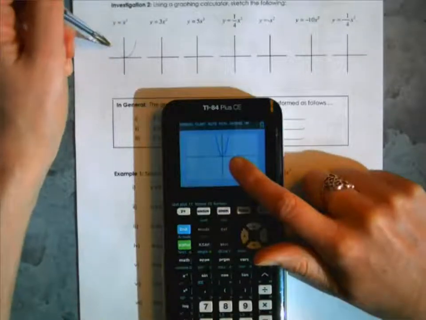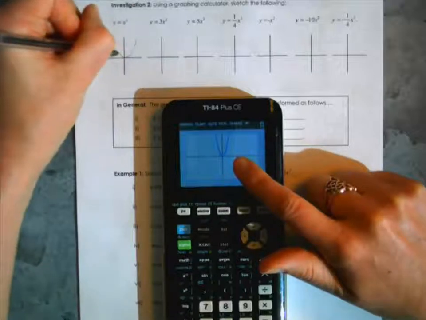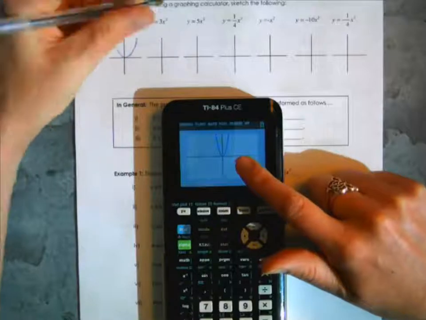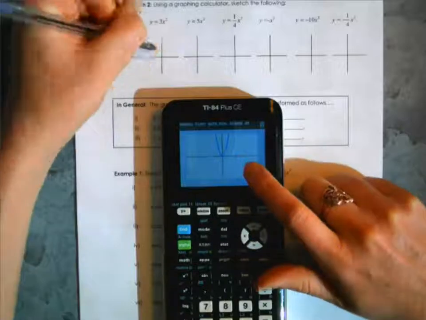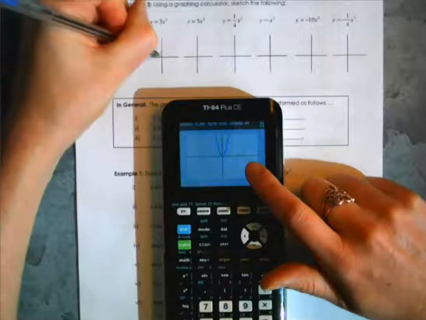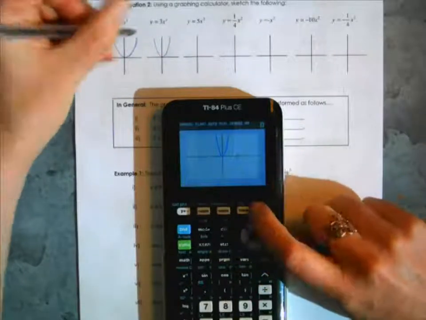So if you look at it comparatively, now I know my drawing isn't going to be a perfect representation here, but comparatively what we see here is that the 3x squared is actually narrower than this one was. So it's a little bit more like that. Okay, so it's a little bit narrower.